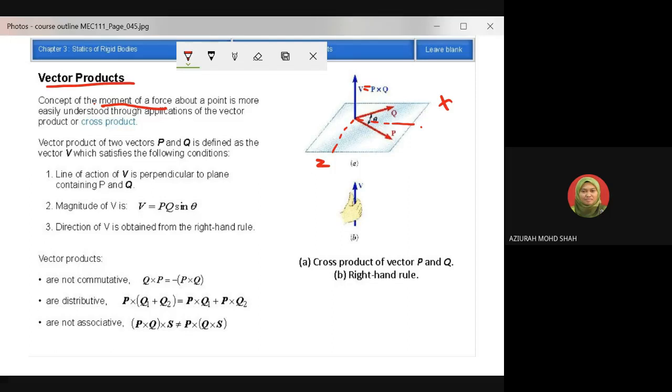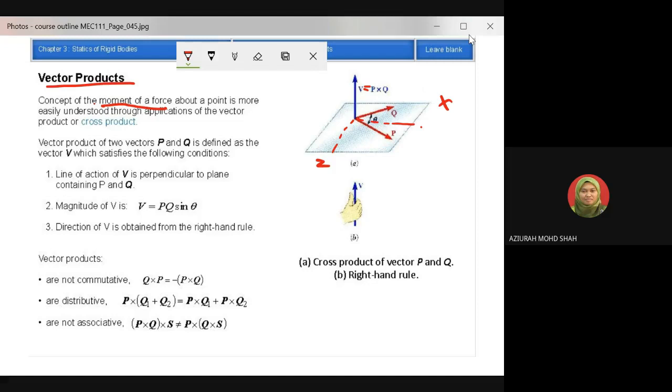Alright. Nanti kamu akan apply benda yang sama dalam moment. Yang V ni nanti kita panggil sebagai moment dalam slide yang seterusnya. Ni baru general, kita tak mention lagi yang V is the moment.